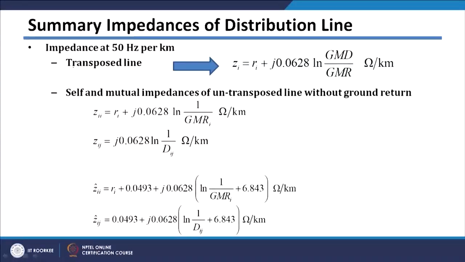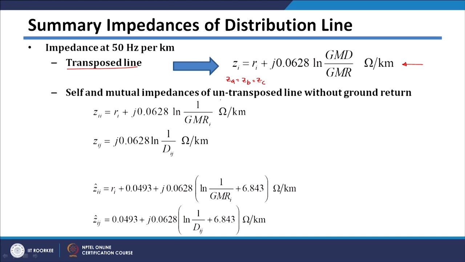If you see the summary of these impedances of the distribution line, you have seen that in the case of a transposed line, the impedances of all three phases are the same. In this case ZA is equal to ZB is equal to ZC, and they will be given by this expression here, which will have only one term.